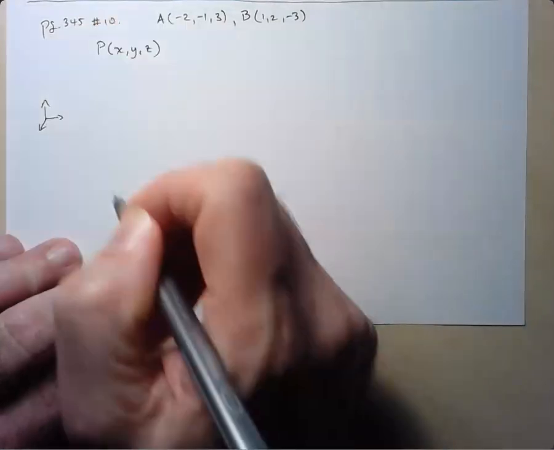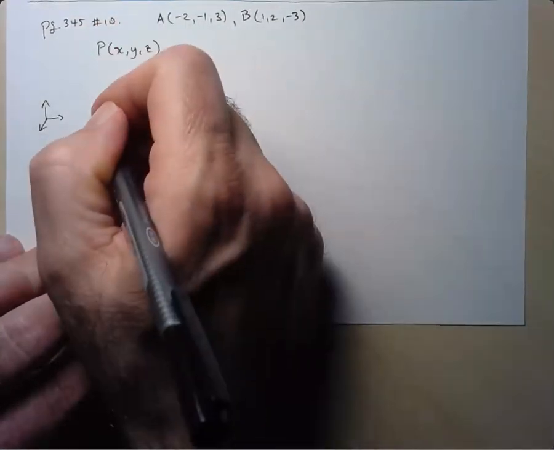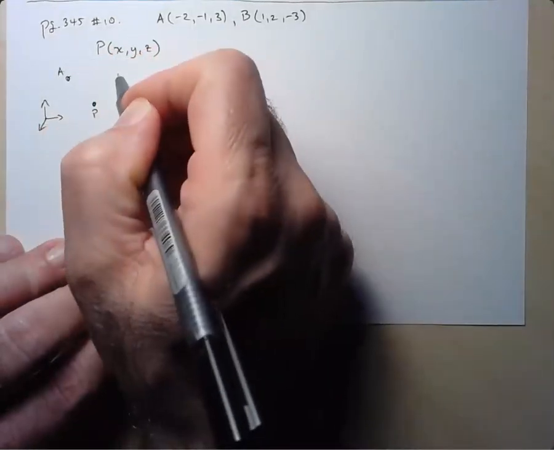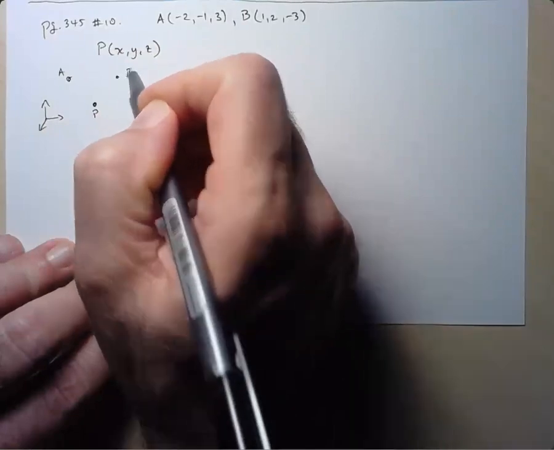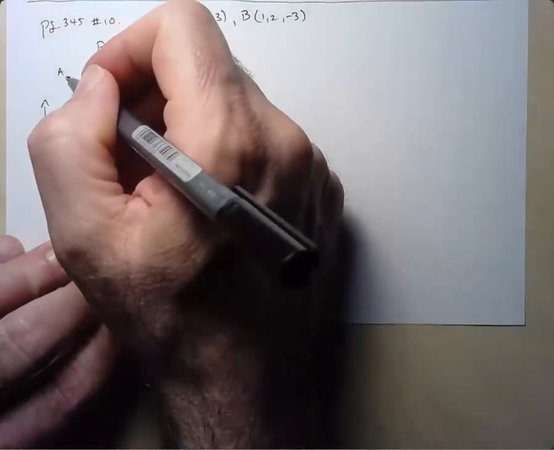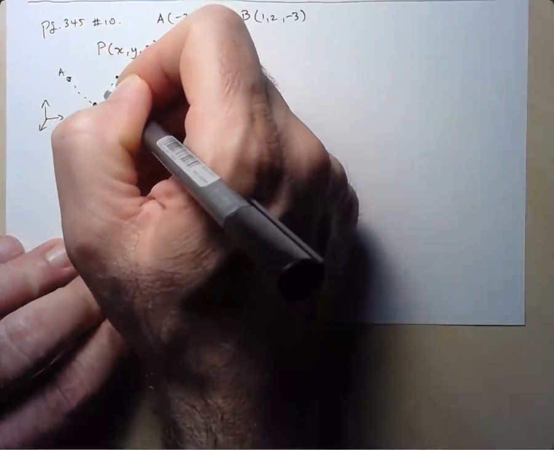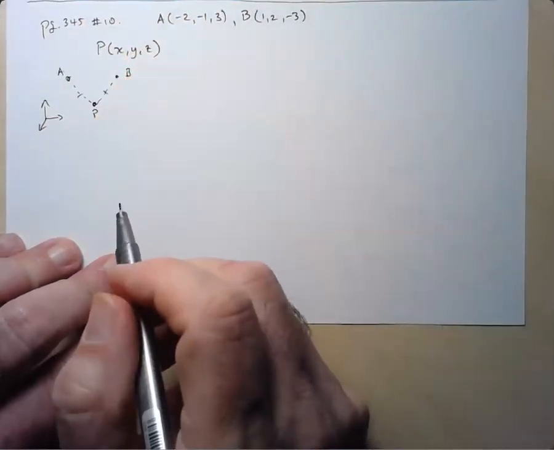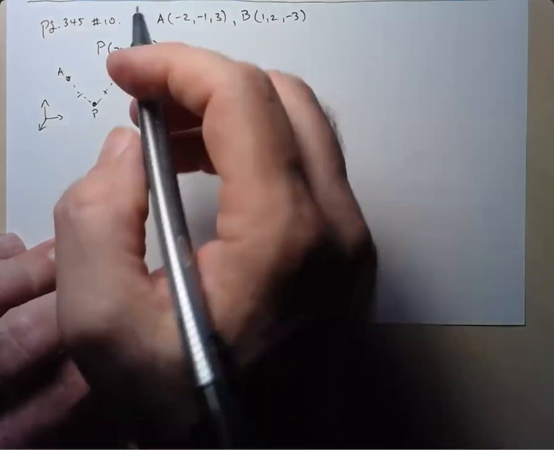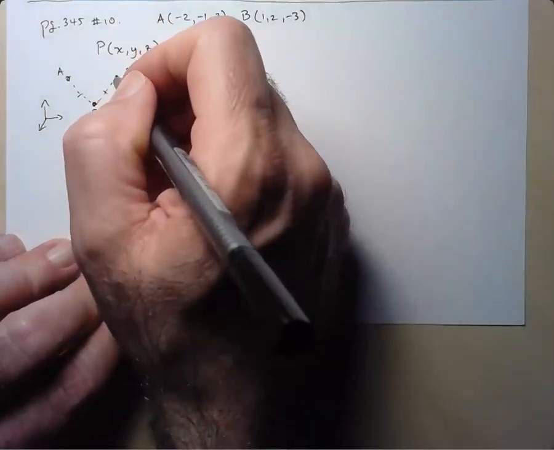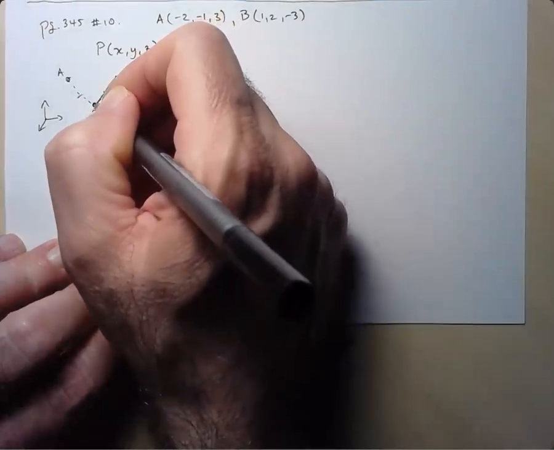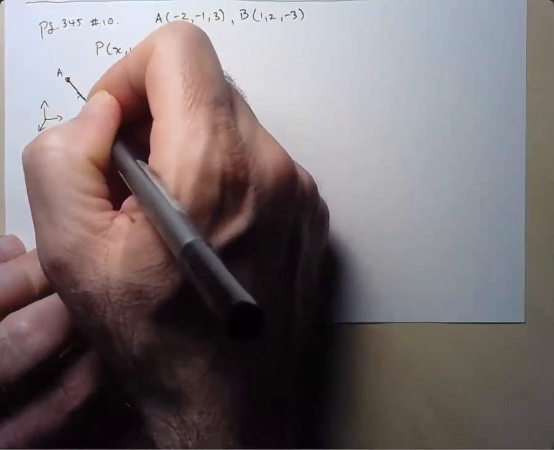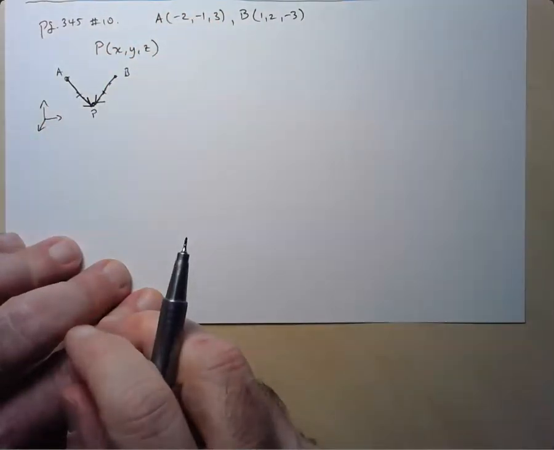I don't care where these points are in 3D, but I've got some point P that I'm looking for, and then I've got two given points, A and B, and I need the distance between A and P to be the same as the distance between B and P. The way in which I can work with this is not thinking about distance, but thinking about the magnitude of the vector that's produced when I join the points in question.